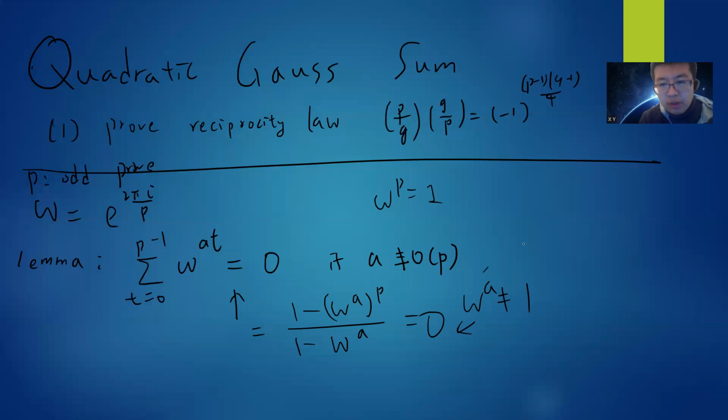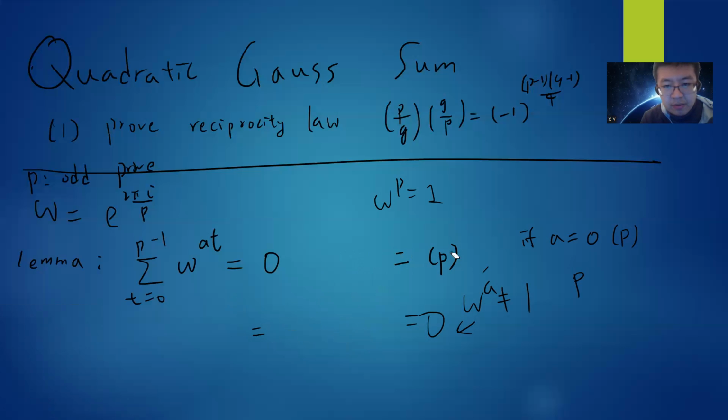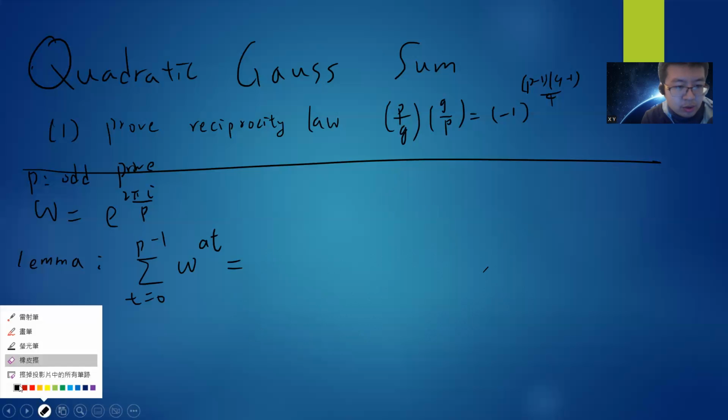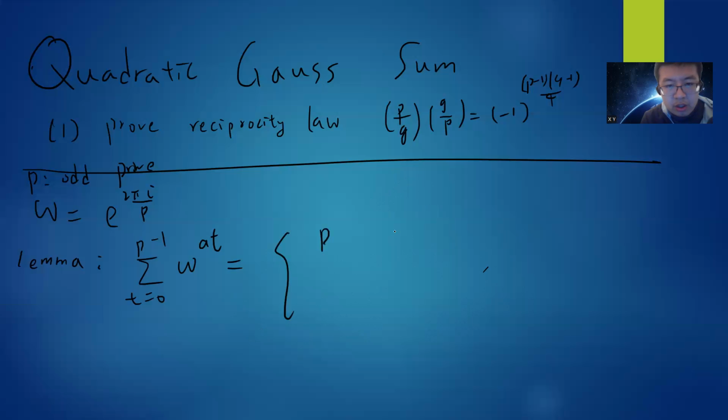If a is 0 mod p, then each term will be 1, so you will get p. Let me collect the results: it's p if p divides a, else 0.